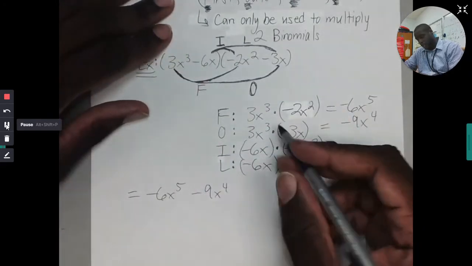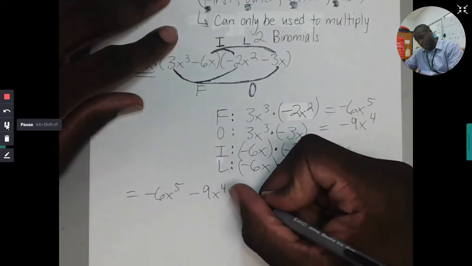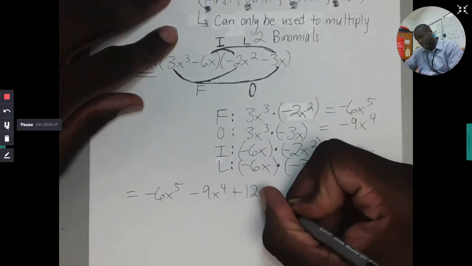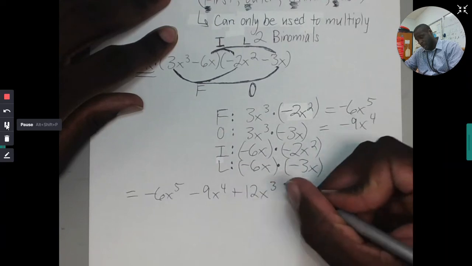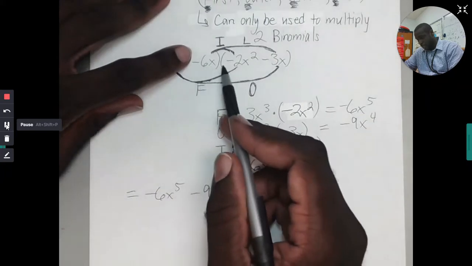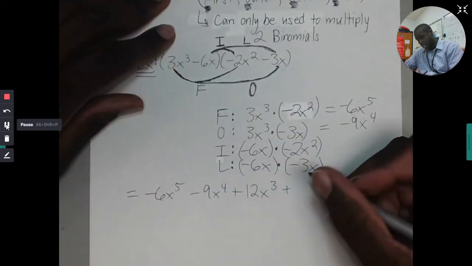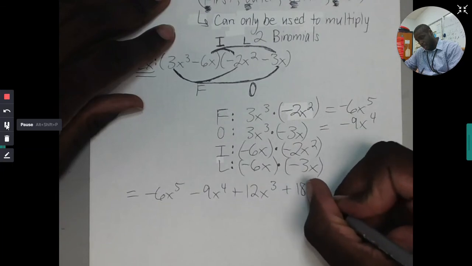Negative 6x times negative 2x squared gives you positive 12x to the third. And then negative 6x times negative 3x gives you positive 18x squared.